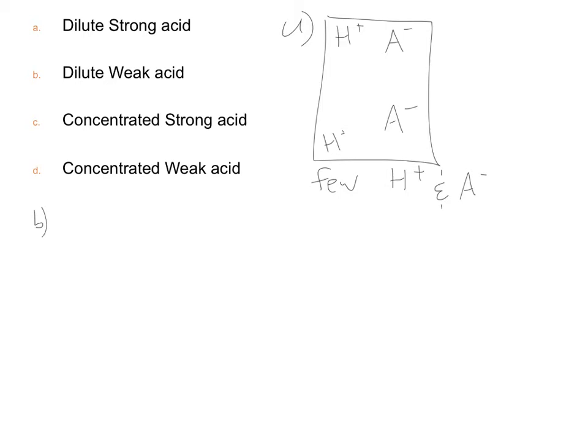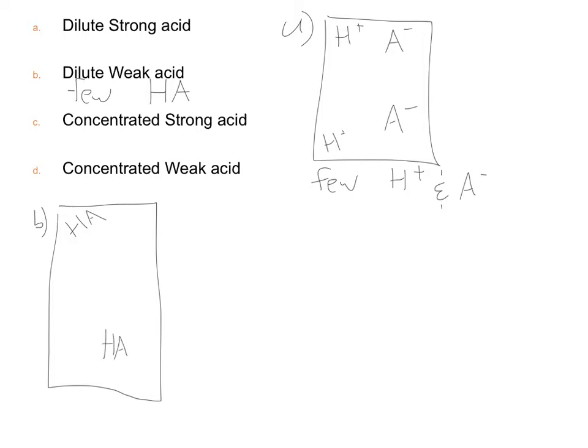If we did B, dilute and weak. Well, dilute means a few, and weak means it favors the reactants, HA. So I'll draw a couple of these. These are not dissociated. The molecules are connected. The H is not coming off. I just have a very few of them that are weak.